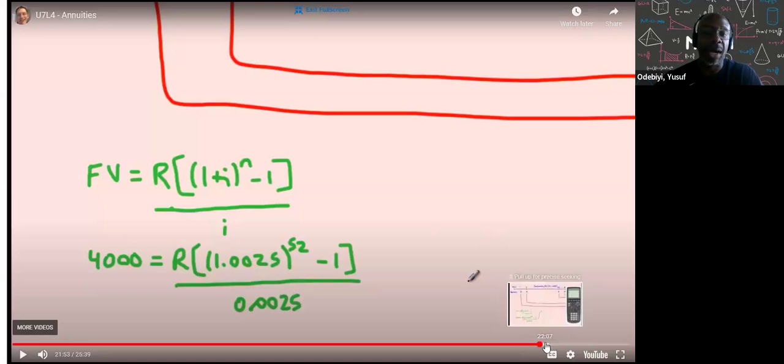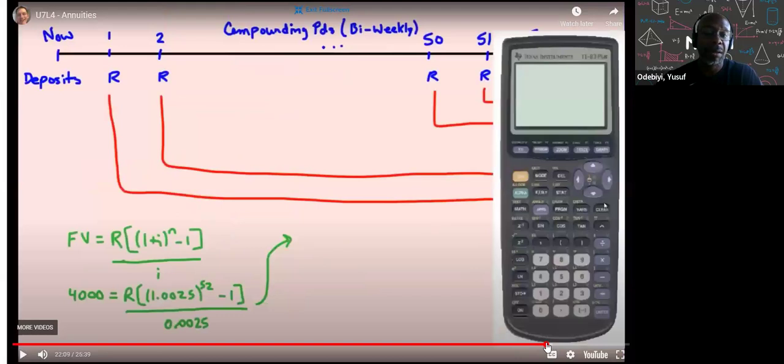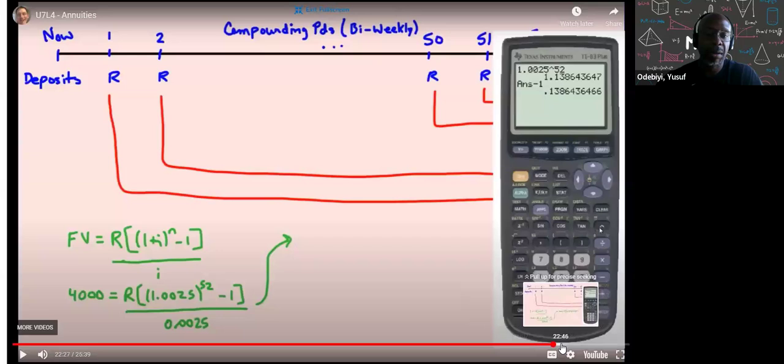Okay, so how do you isolate R? That's what you have to do, and it's going to show you how to do that. You're going to have 4,000 times this 0.0025. And then also actually you can have 1 to the power of 52, minus 1.